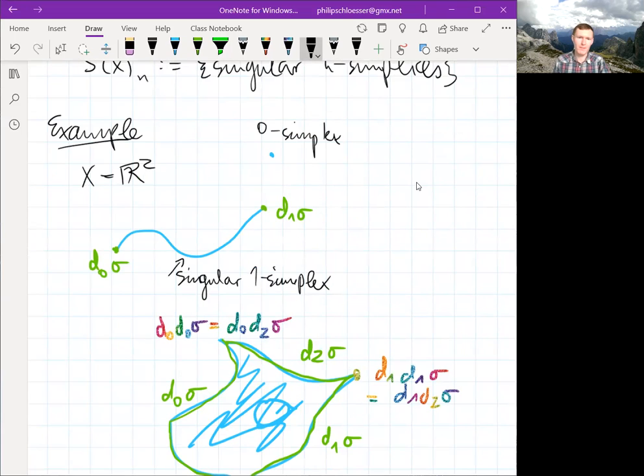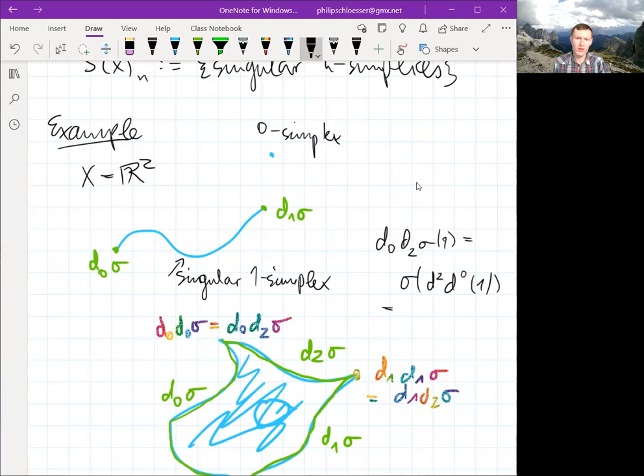So d2 of d0 of d2 of sigma is equal to sigma of d upstairs naught of the point, I guess. That's just by definition.